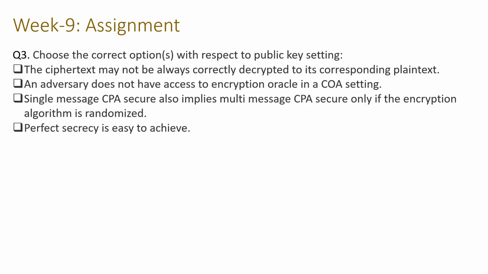Third question. Choose the correct options with respect to the public key setting. The ciphertext may not always be correctly decrypted to its corresponding plain text. This is true because there are certain cases where your encryption algorithm is usually a randomized algorithm, and even if it is not, the key generation algorithm is randomized.